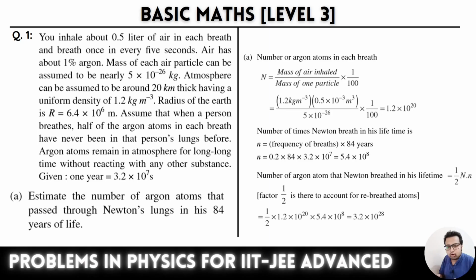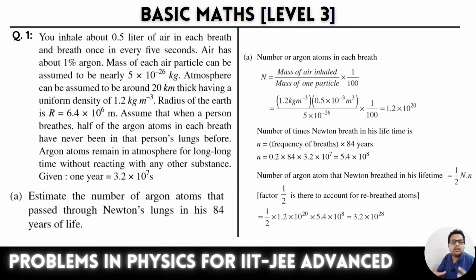But this is not the final answer, because there is one more scenario to consider. Until now it is very clear: during each breath, 1.2 into 10 to the power of 20 argon particles are inhaled by Newton.